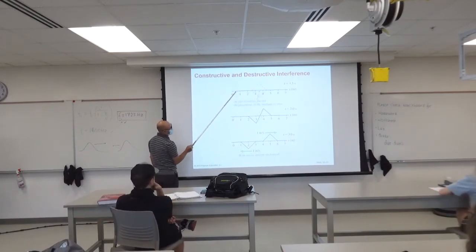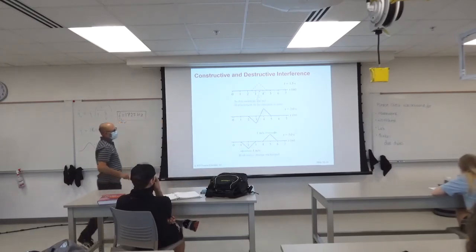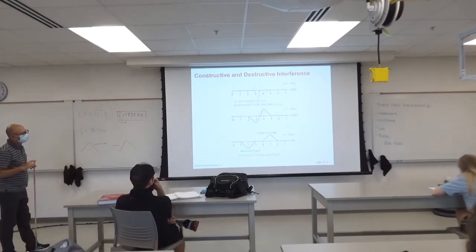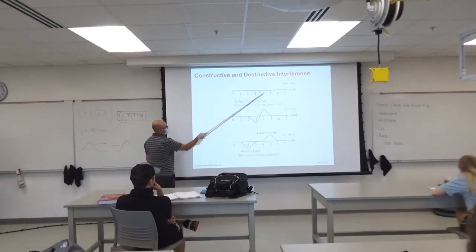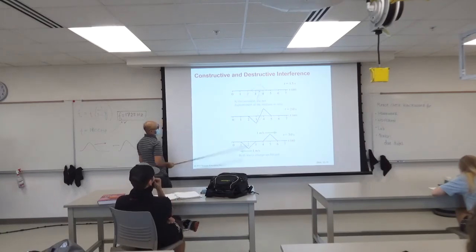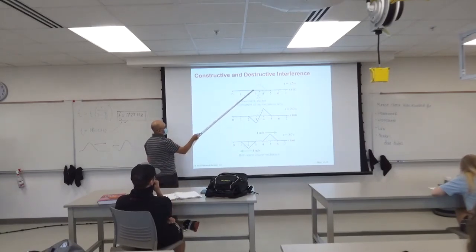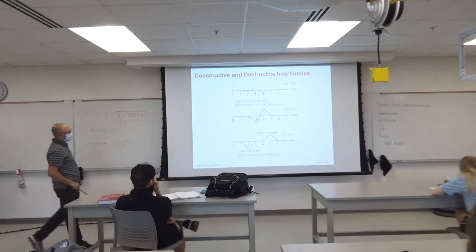So the resultant is a flat medium. Again, the values of height here are negative. The values of height here are positive. So when you subtract the values, you get a flat line.